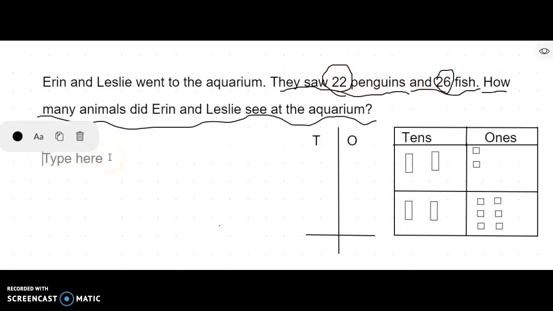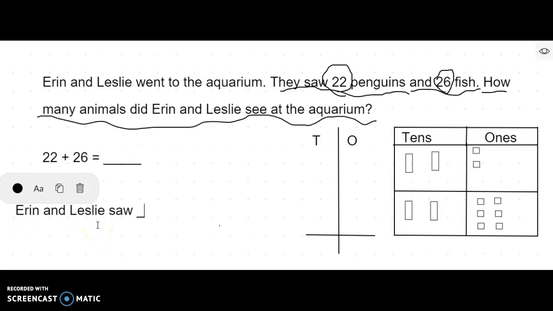So I'm adding 22 and 26 together today. And my written response to my word problem is going to be Aaron and Leslie saw animals. So I have the equation I need to solve, and I know how I'm going to respond. I'm going to say Aaron and Leslie saw animals.